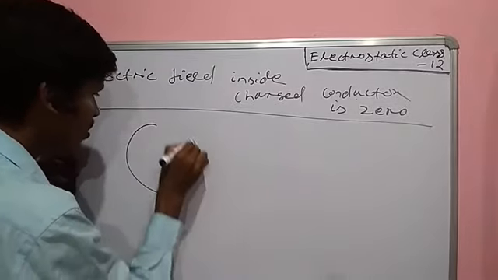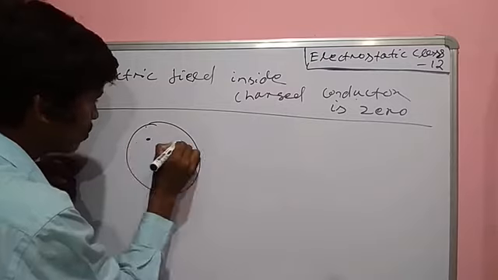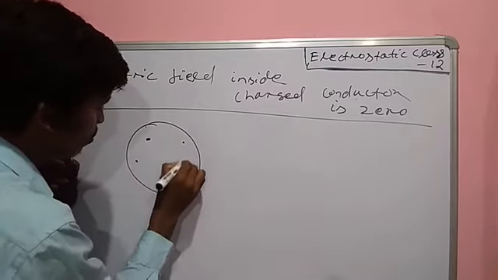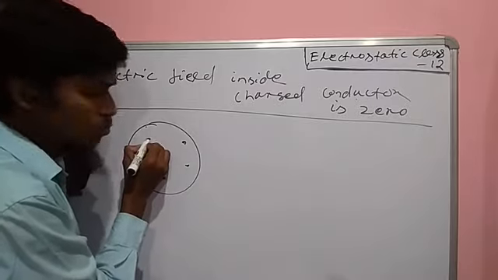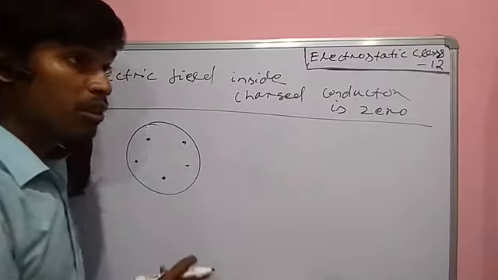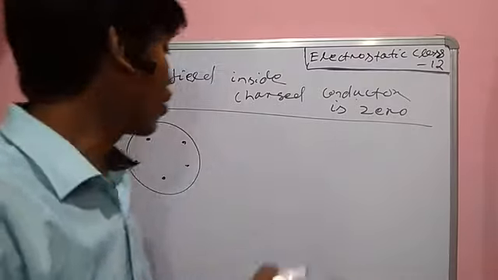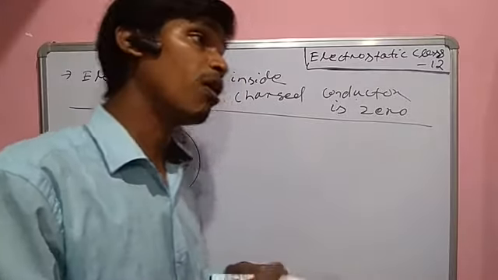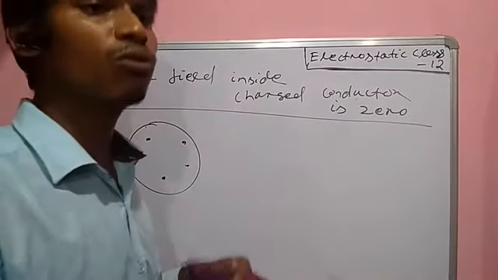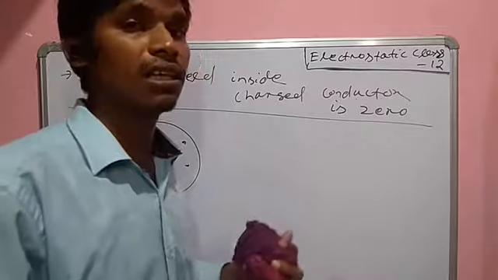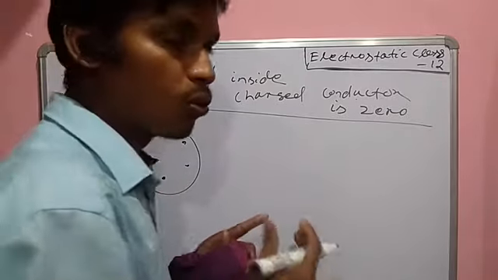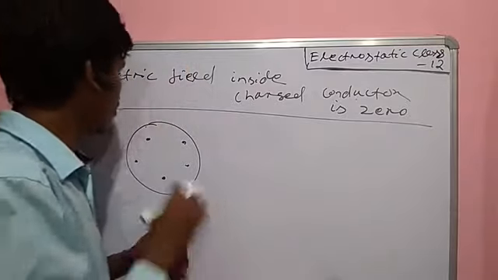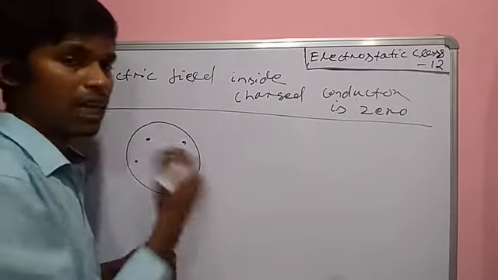Suppose the charged conductor is here and protons are available. The conductor has a maximum number of protons or electrons, but we have to think of a positively charged body whose net charge is positive, so we take the positive protons. Positive charge means proton.